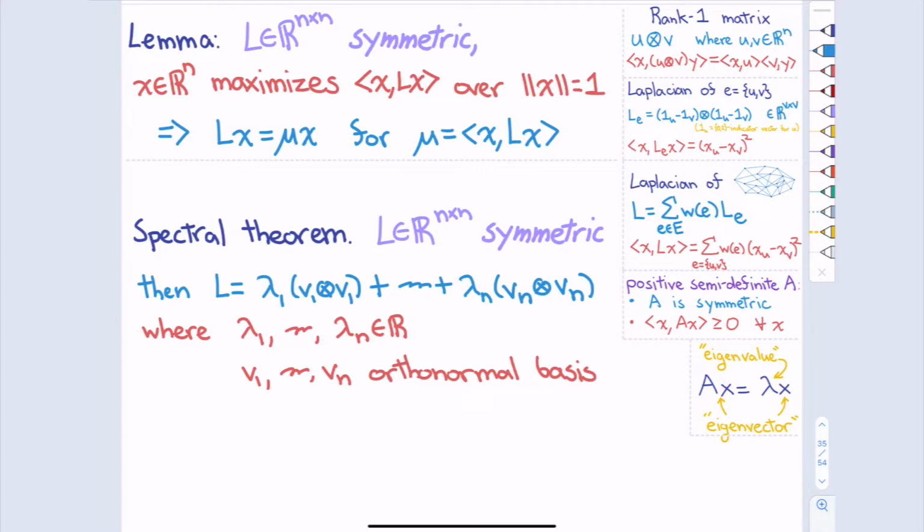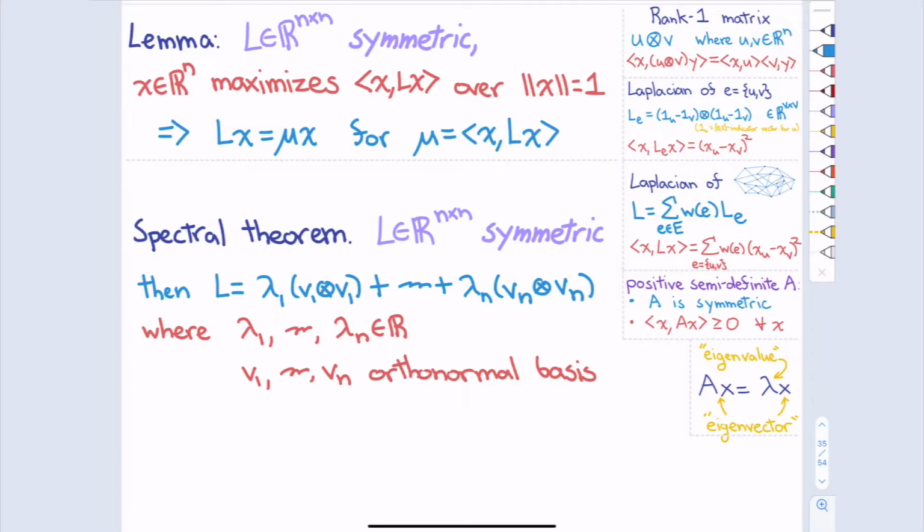This claims that if L is symmetric, and all I know about the matrix is that it's symmetric, otherwise you can have any numbers you want, positive, negative, it just has to be the same across the diagonal, then L can be written as a sum of n rank 1 terms if it's in n dimensions: lambda 1 times v1, the outer product of v1 with itself, down to lambda n times the outer product of vn with itself, where all of these lambdas are real valued.